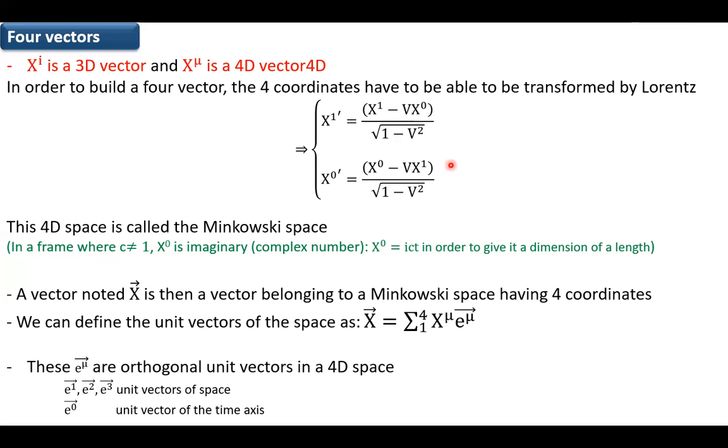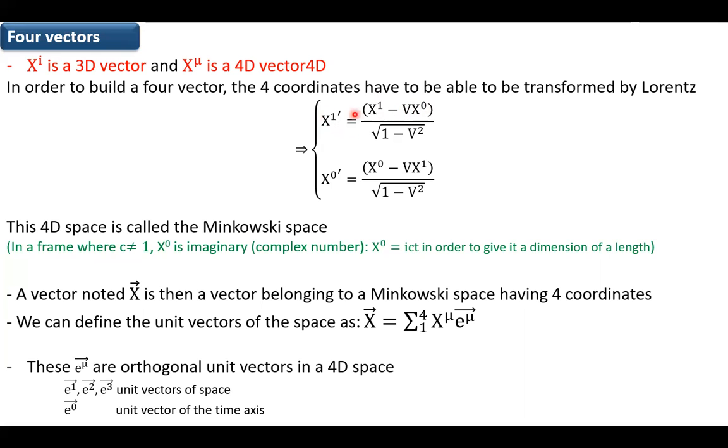So we use the new notation, the 4 vector notation, in the Lorentz transformation. If you remember, the Lorentz transformation tells you that x prime is equal to x minus vt over radical 1 minus v squared. So x prime is x1 prime, x is x1, and t is x0.